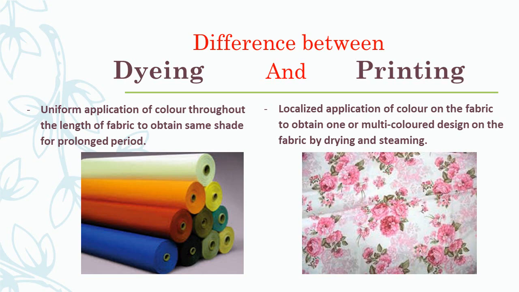Lighter, medium, darker depth pink color has been applied at required, localized places to get the desired effect. The halftone effect, the shaded effect, fine gradation of light, medium, dark colors, like that, to obtain one or multicolor design. So multicolor design we can obtain by printing by localized application of specific color at specific places, which is further followed by drying and steaming.